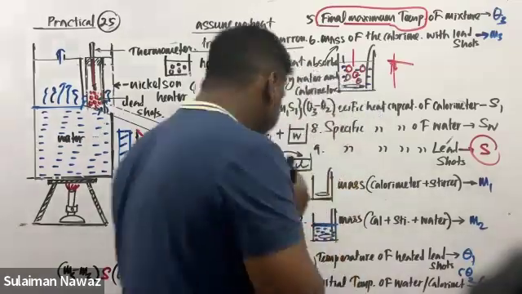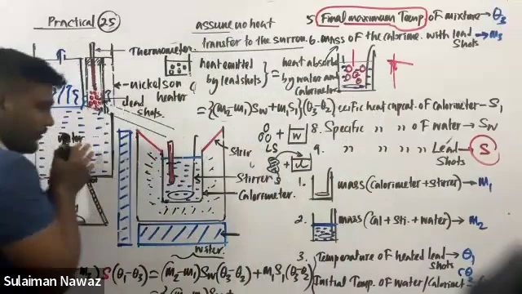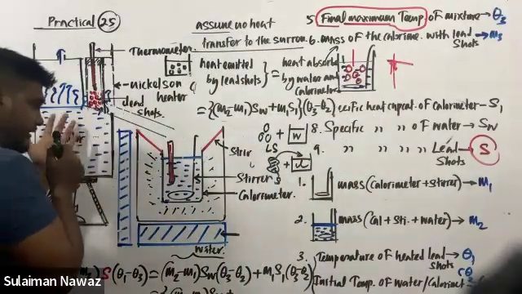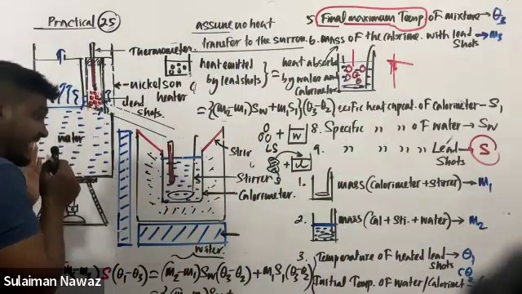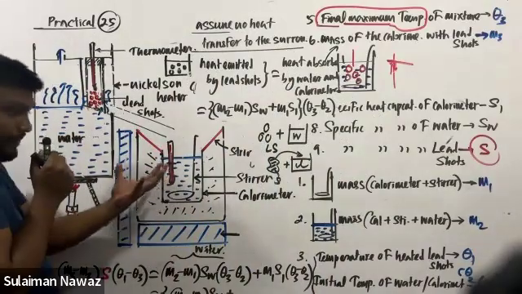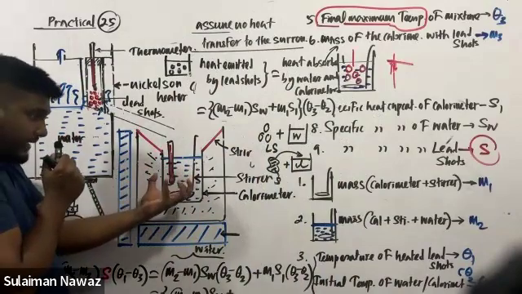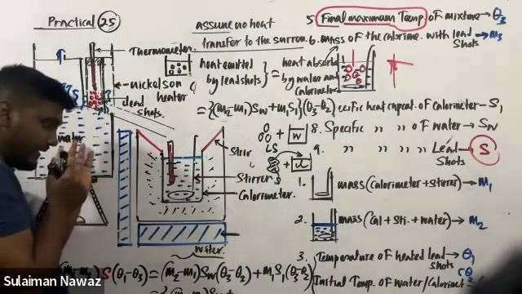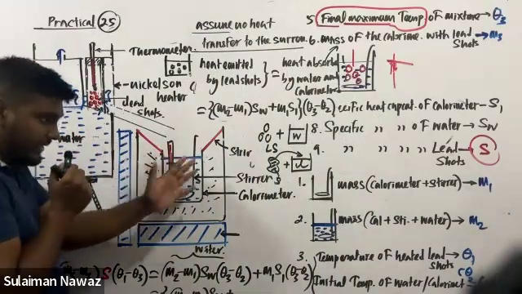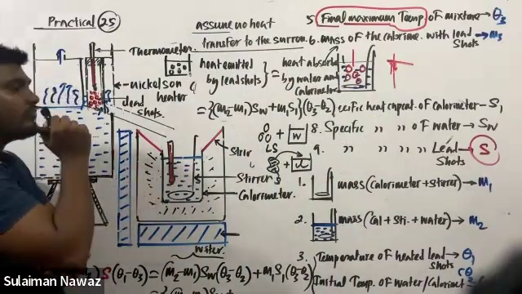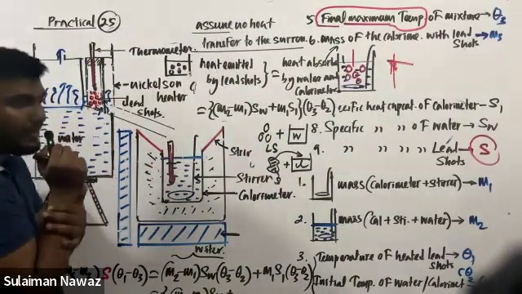Now you know that we are heating these lead shots using the Nicholson heater, so this region is very hot. If from the beginning you keep your calorimeter close to the Nicholson heater, the heat will transmit to the calorimeter and it will get heated. That is not a desirable result.